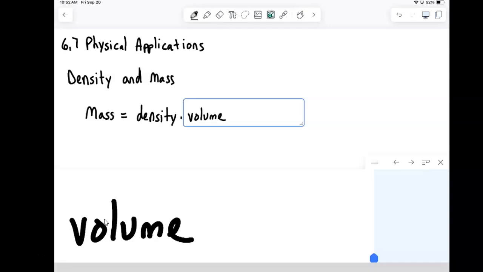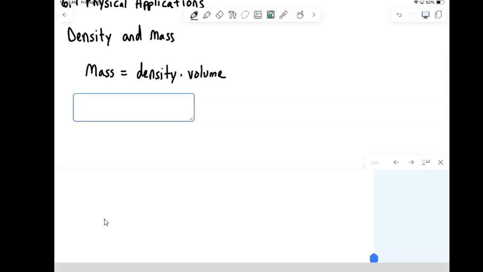Think about the human body, right? There are parts of your body that are more compact and parts that are less dense. And so the same with a lot of objects. The uniform density isn't always the case.